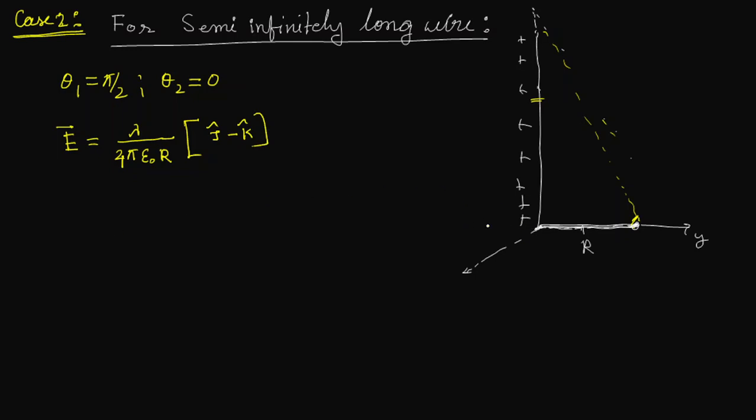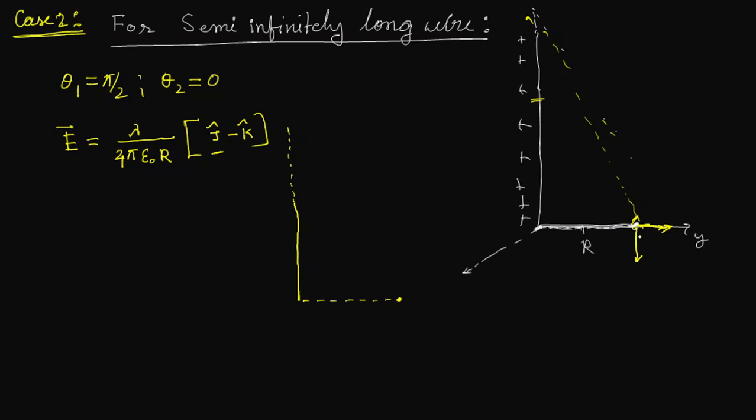So for this type of situations, when we have a semi-infinite wire like this, and we wanted to calculate electric field at this point, one component of this electric field will be perpendicular to the length. You see here, one component is j cap, that means in this direction, and another component, if this is the plus z cap, then minus k cap will be in this direction.